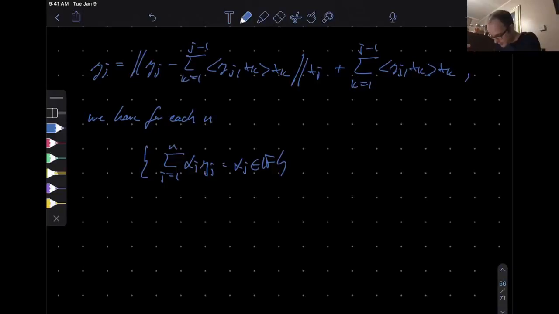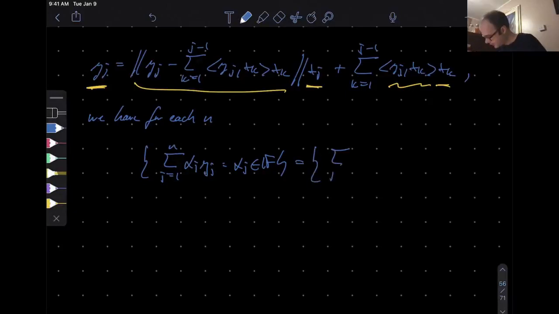Here, what this formula tells you is that this is a scalar, and here's a vector, and there's the vector, and this is also a scalar. So that simply means that y_j is a linear combination of the x_1, x_2, all the way up to x_j vectors. So in turn, the set of all linear combinations of the y_j's is equal to the set of all linear combinations of the x_j's, right?